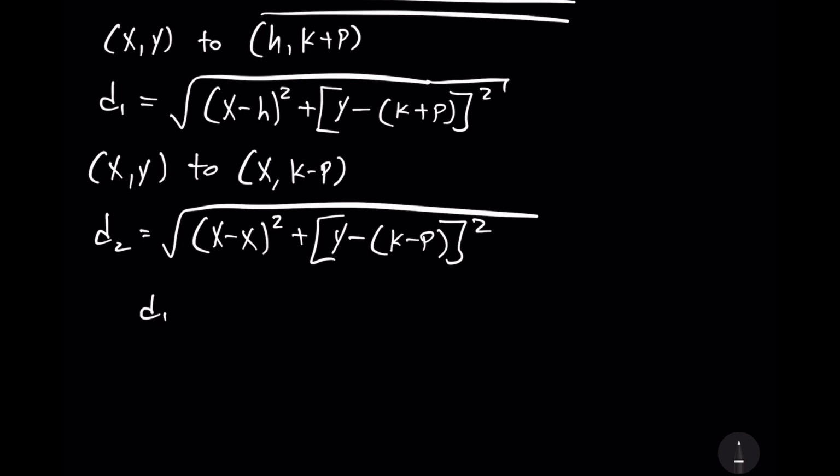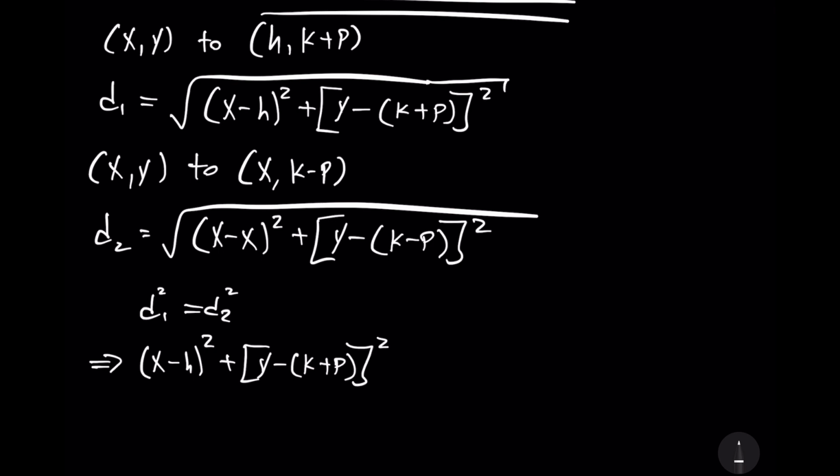So we know that d sub 1 is equal to d sub 2. We have two square roots there. Let's just square both sides. So now we have (x minus h) squared plus [y minus (k plus p)] squared is equal to (x minus x) squared plus [y minus (k minus p)] squared.